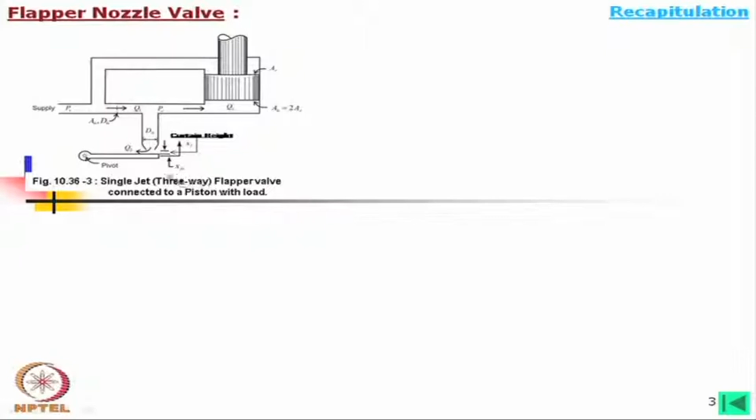Another thing is there in such control: instead of this opening, which is circular obviously, the important area is that curtain area. Curtain means if we consider the diameter, which is dn, pi dn is the periphery, into that height is the curtain area, and that area is important in this case, not directly this orifice area.